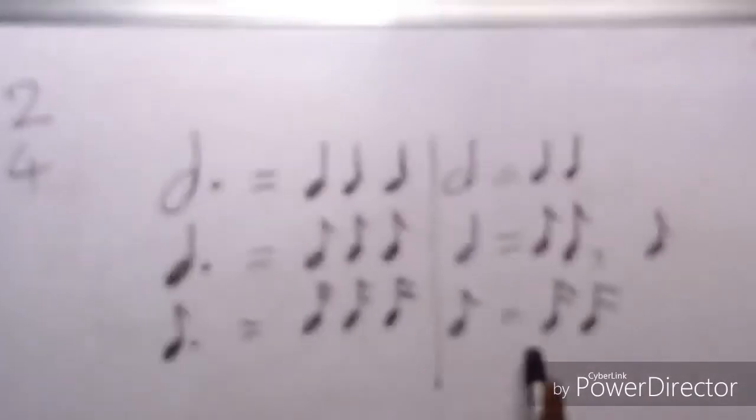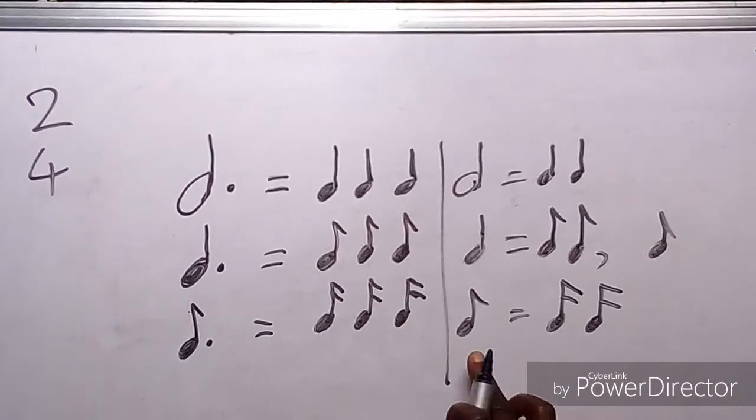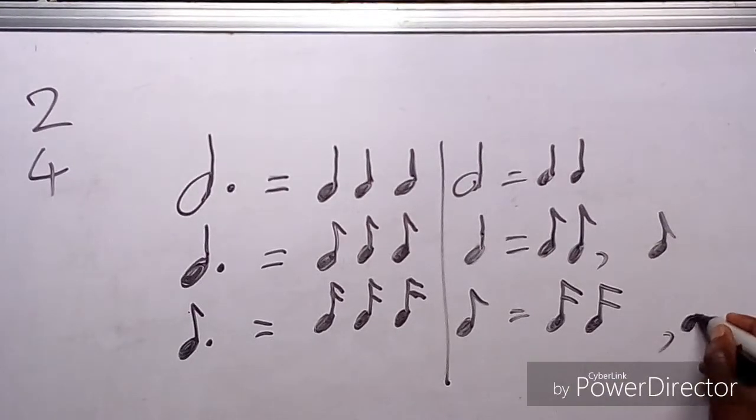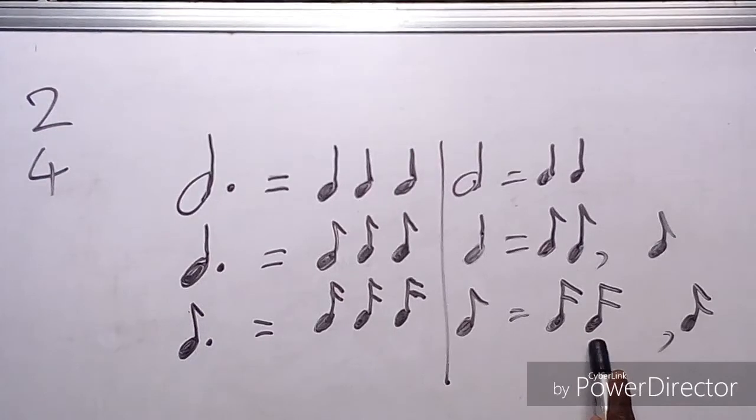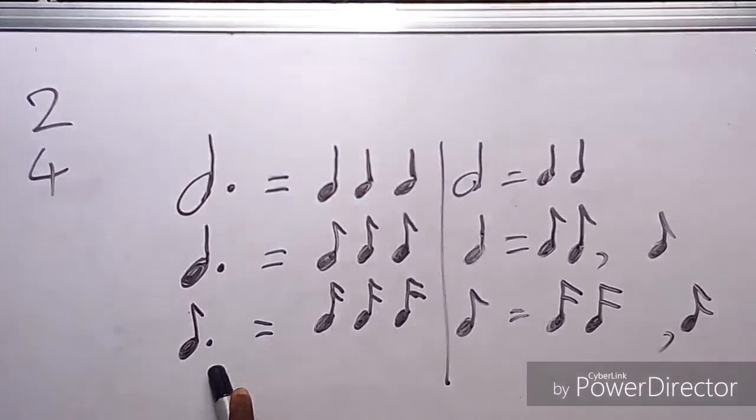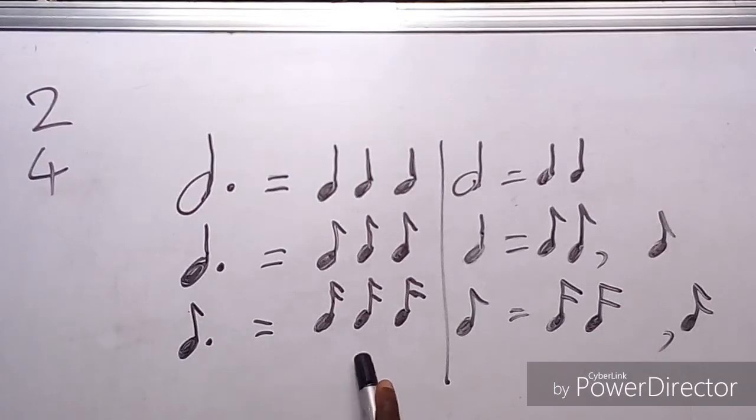A quaver is equal to 2 semiquavers, and half of a quaver is a semiquaver. So a dotted quaver, which is 1.5 times its original length, gives you 2 semiquavers, which is 1 quaver, plus half of a quaver, which is a semiquaver. That gives you 3 semiquavers. So a dotted quaver gives you 3 semiquavers.